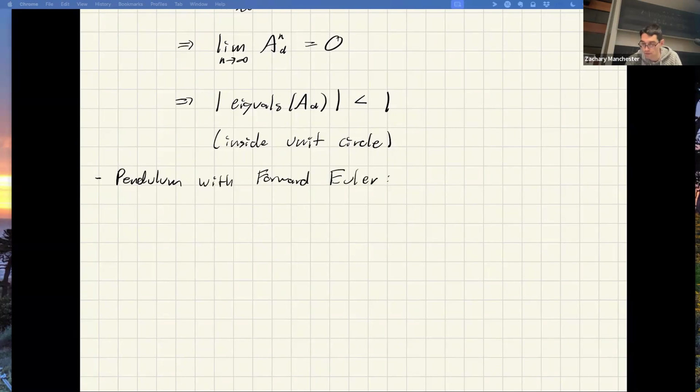Remember we have this situation, x_{k+1} equals x_k plus h f(x_k). That's where this f is the continuous f with the nonlinear pendulum dynamics in it. And this whole thing on the right-hand side is our discrete dynamics, our F sub D.